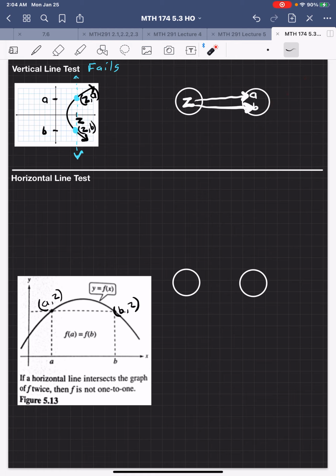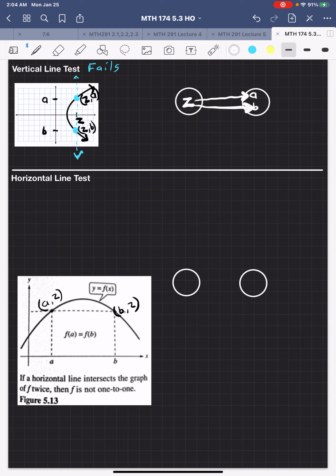Now notice that there's also a horizontal line test. And before I tell you what the horizontal line test tells us, let's make sure we understand it. So just like before, if I were to draw a horizontal line, notice that this one horizontal line makes contact with the graph in two locations.